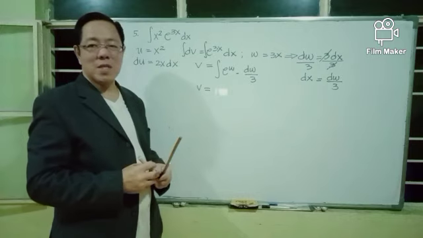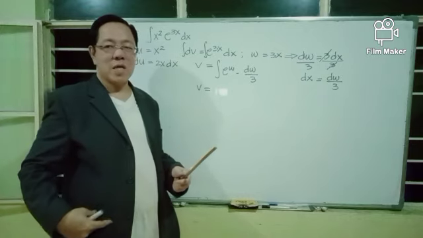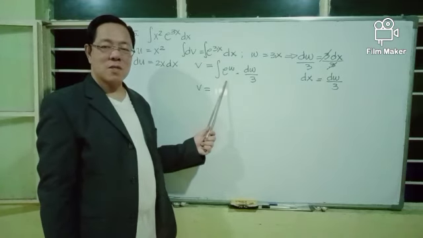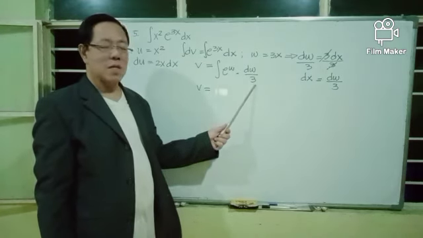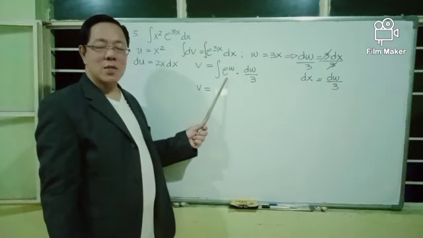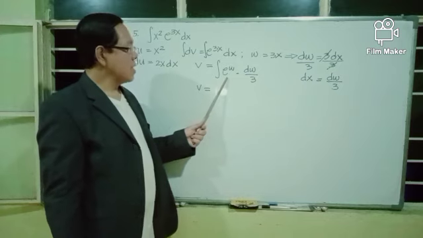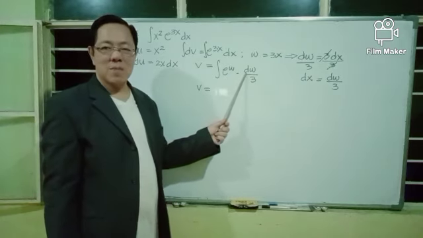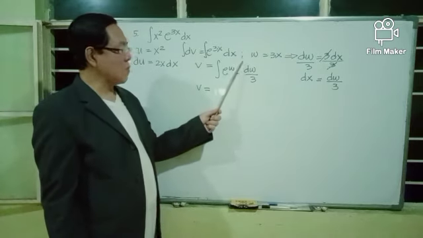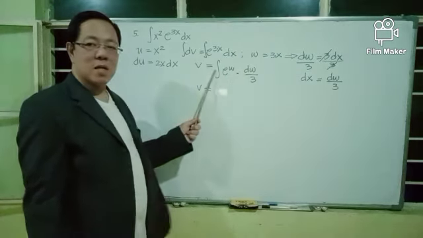Hence, by one of the integration rules, the integral of a constant times a function is equal to the constant 1 over 3 times the integral of the function, the integral of e raised to w times dw. Since 1 over 3 is a constant, we can take that out of the integral sign.